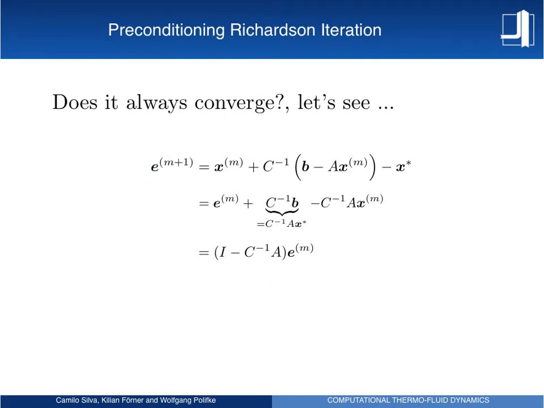That's a very nice thing. So we have just this thing in between, this transformation matrix that we will call T. So if we know what T is, or the characteristics of T, we will know if our loop or our iteration is going to be convergent or not.